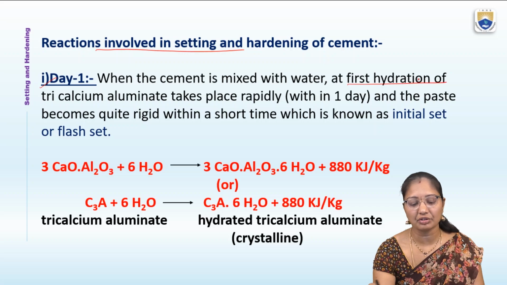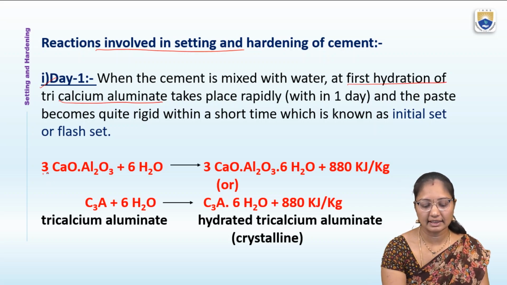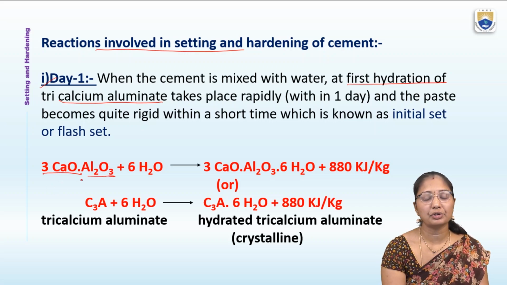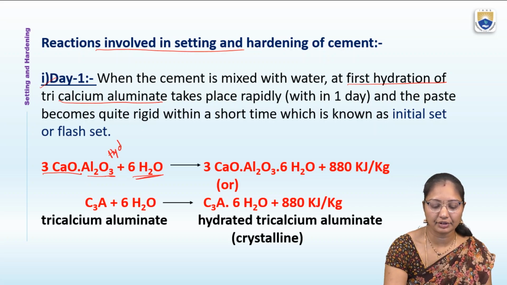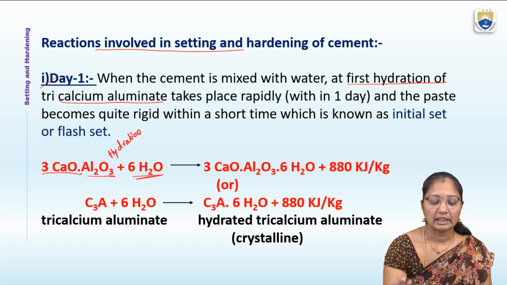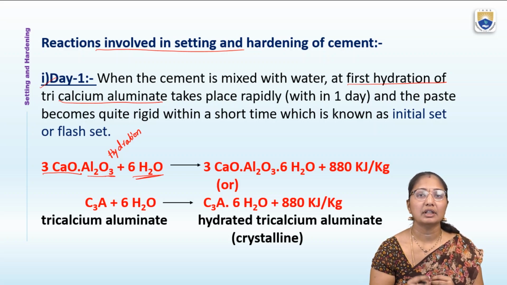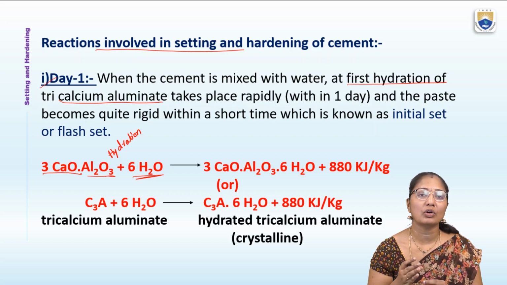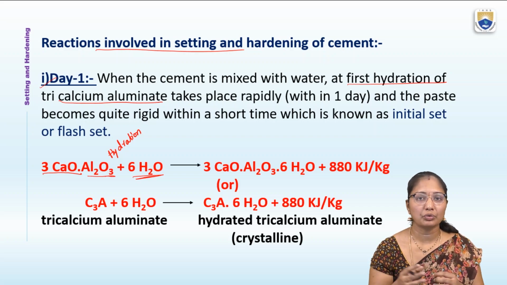At first, hydration of the tricalcium aluminate, 3CaO.Al2O3, takes place. When a molecule reacts with water it is called hydration. If water is removed, it is called hydrolysis. Hydro means water, lysis means breakdown. Here we are adding water, so it is called the hydration process.